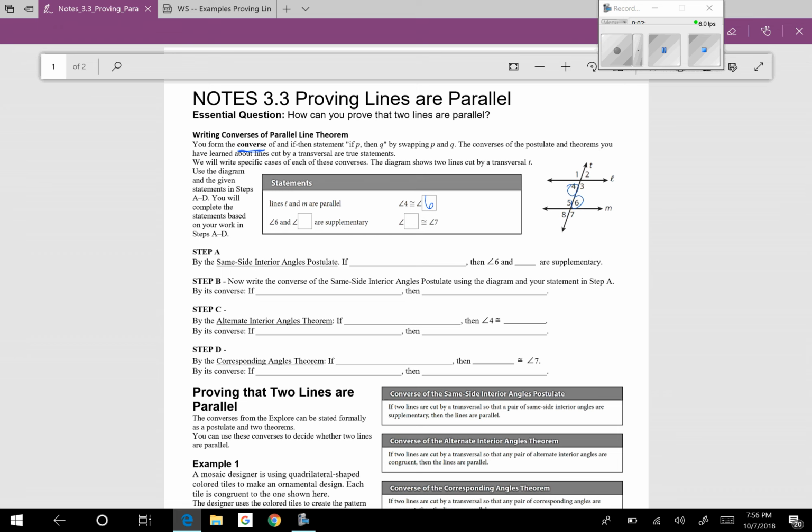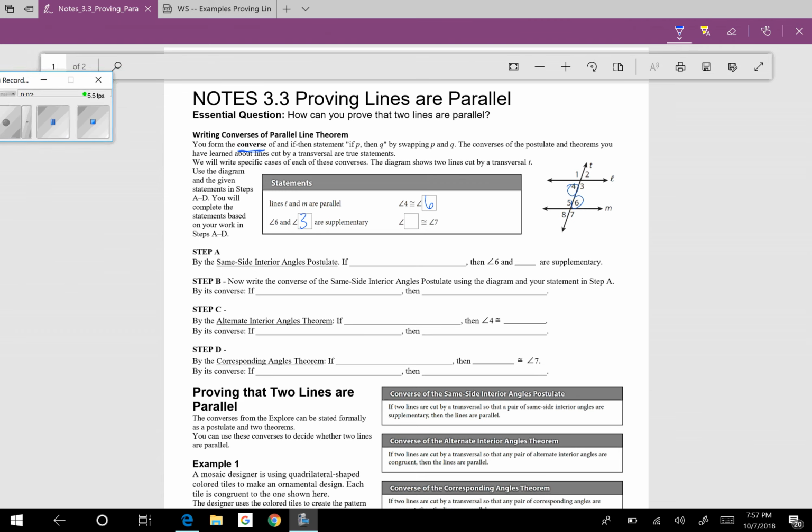We also know then that angle 6 and angle 3 are supplementary. And why are they supplementary? Because they're same side interior angles. And then additionally, we know that angle 3 is congruent to angle 7, because they are corresponding angles.